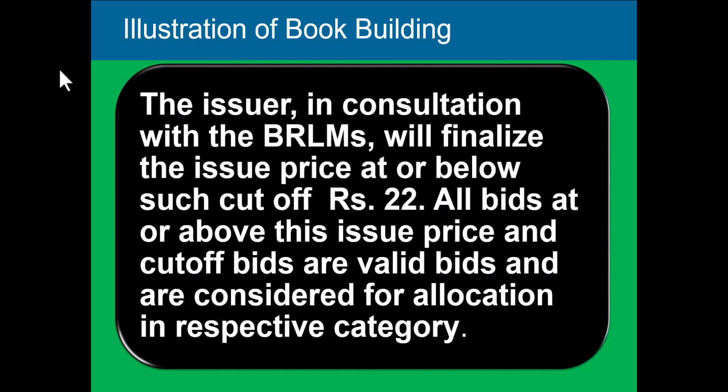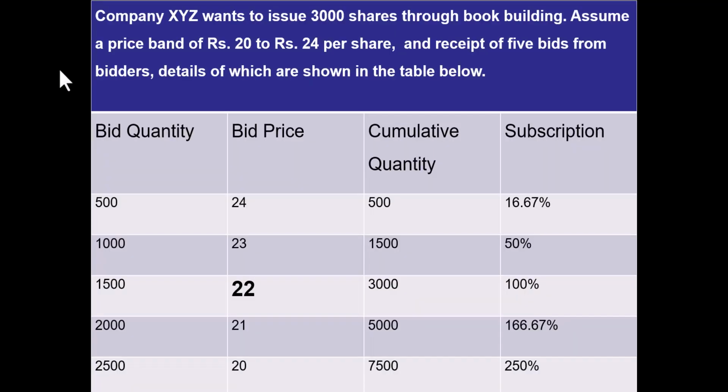Okay, so if we just look at this, 22 rupees becomes the issue price. So the rest of them will be ignored. So the people who have applied for 24, 23 will get shares at 22 now. So they won't be charged 24, 23 because the issue price has been frozen at 22.